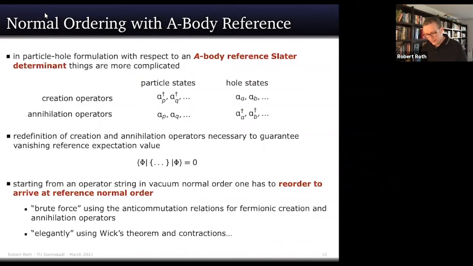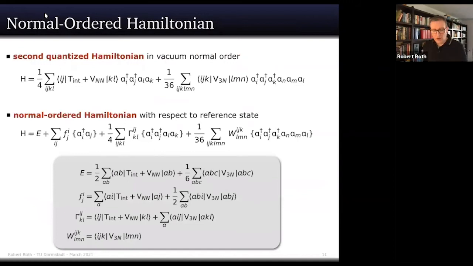Now let's apply that. Let's go for our Hamiltonian. The first thing I do is write down my typical Hamiltonian with kinetic energy, two- and three-body forces in standard second quantization, in the way we discussed in the first lecture. Then I have intrinsic kinetic energy and two-body interaction.